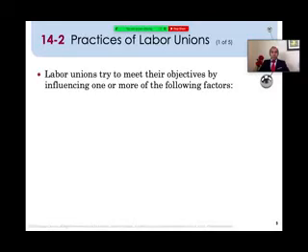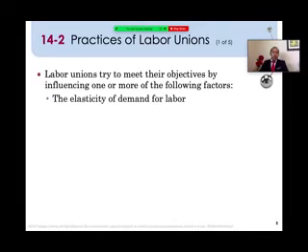Labor unions try to meet their objectives by either influencing certain factors or significant factors in the market. They attempt to even influence the elasticity of demand for labor, meaning making their labor exclusive so that the elasticity is as small as possible and there's not a significant response by the firms.